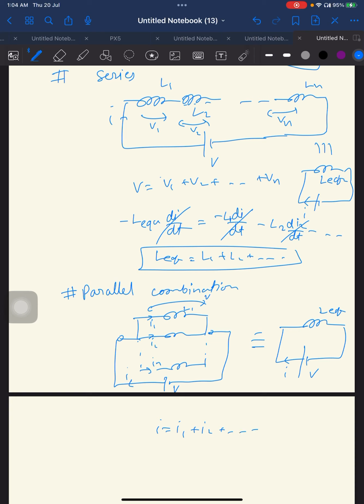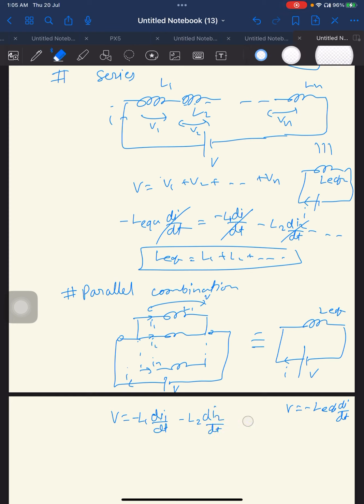So what is I? We know V is equal to minus L equivalent di by dt for the right side. Similarly, for the left side, the voltage is the same in all of them: V equals minus L1 di1 by dt, minus L2 di2 by dt, and so on.